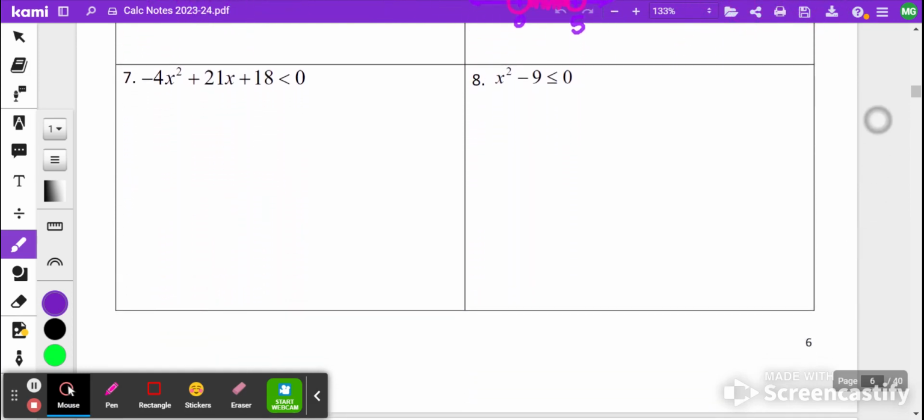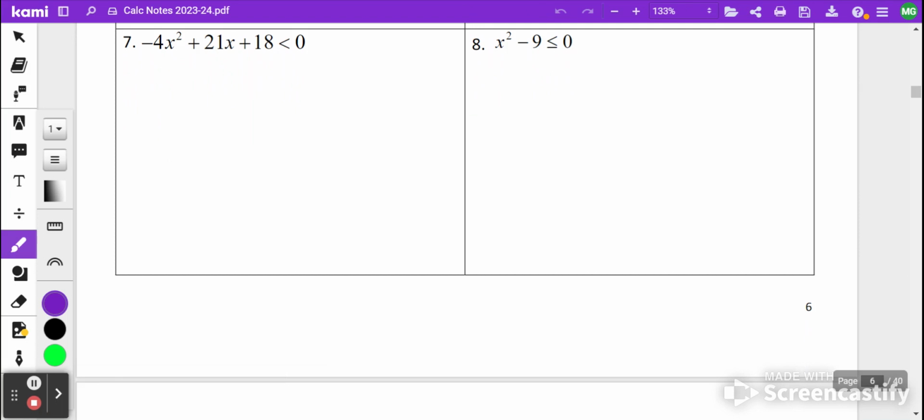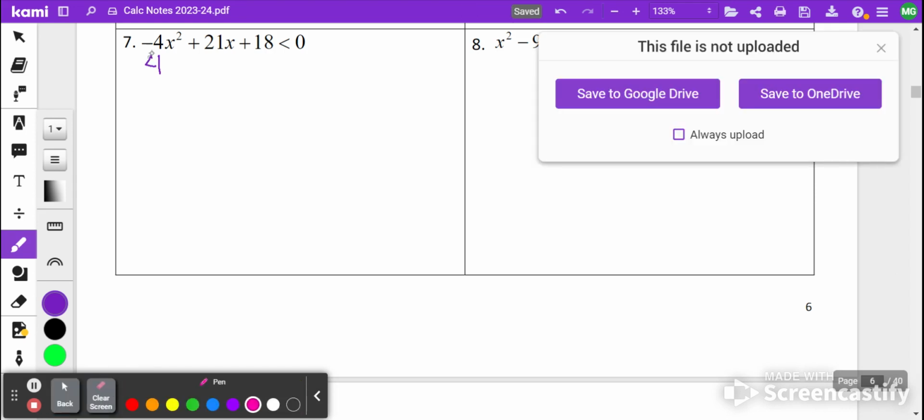Go ahead and do 7 and 8 on your own. Pause this video and then start it up again and see if you get the same solution as me. One thing I would suggest on number 7 is to divide everything by negative 1. What that does for you is when you're factoring, it'll give us a lead coefficient that's positive.